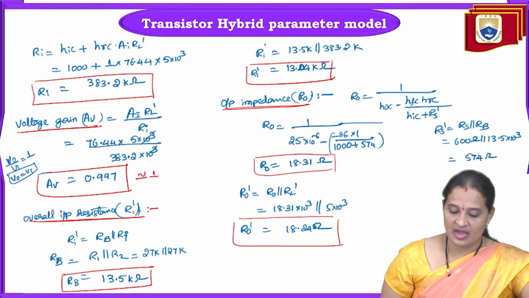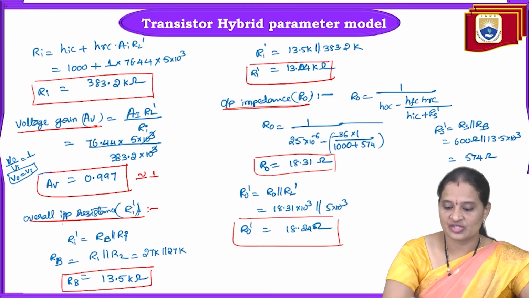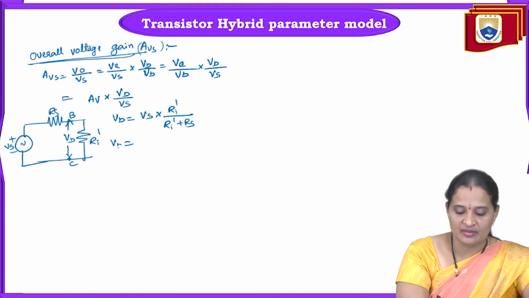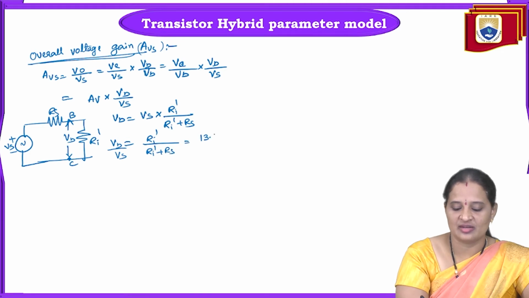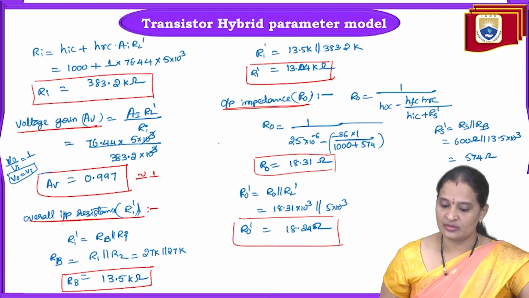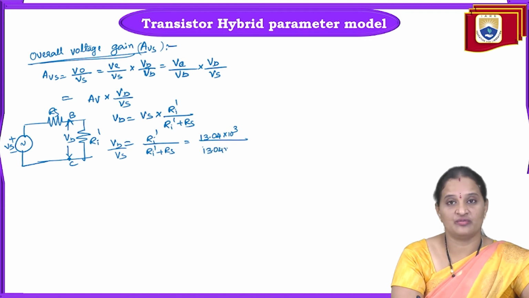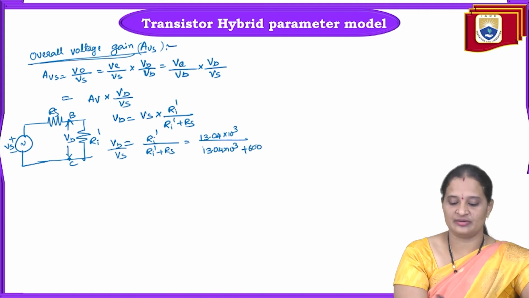What is the value of RI dash? We have got RI dash as 13.04 kilo ohms. So VB by Vs is RI dash divided by RI dash plus RS, that is 13.04 into 10 to the power of 3 divided by 13.04 into 10 to the power of 3 plus 600.